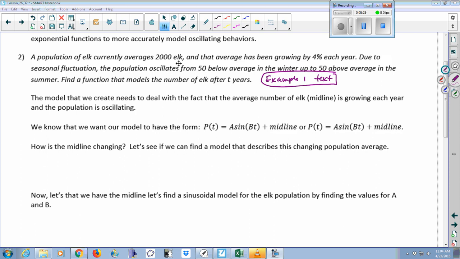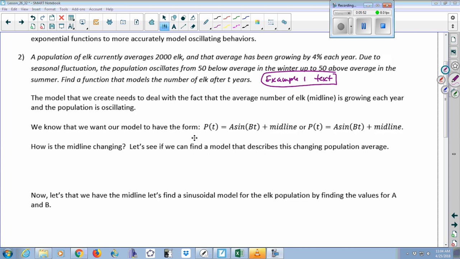It's growing, okay? So what kind of function comes to your mind when you hear things growing at a rate of 4%? Exponential! Yay, Peter! All right, exponential.